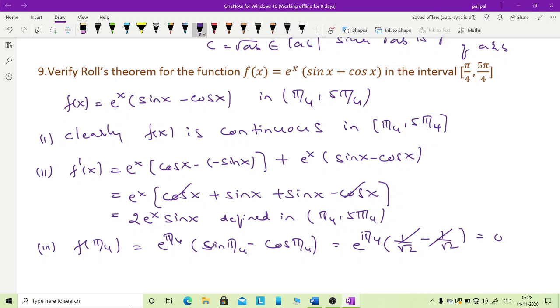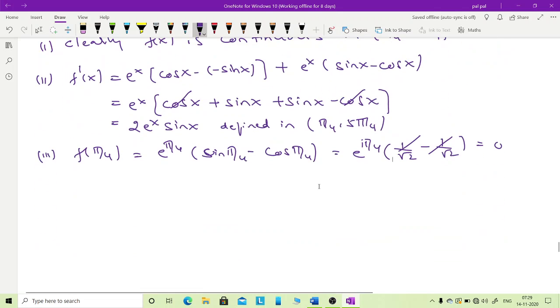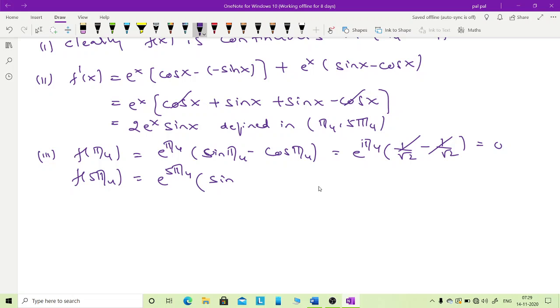Next you take f of 5 pi by 4, which is equal to e to the 5 pi by 4 into (sin of 5 pi by 4 minus cos of 5 pi by 4).